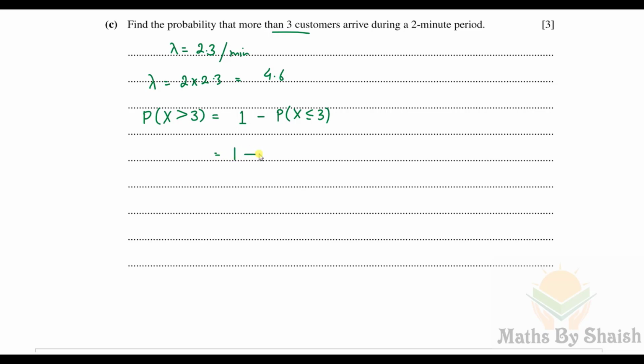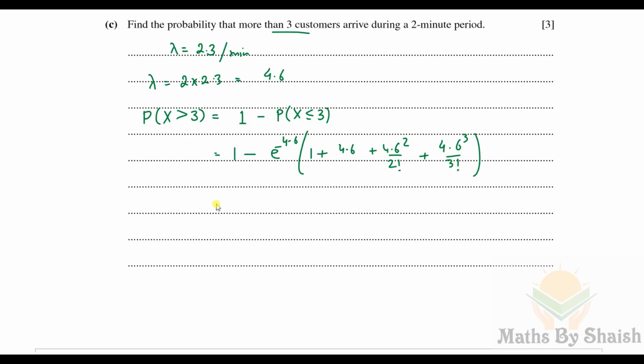So it is 1 minus e to the power minus 4.6 times (1 plus 4.6 plus 4.6 squared upon 2 factorial plus 4.6 cubed over 3 factorial).